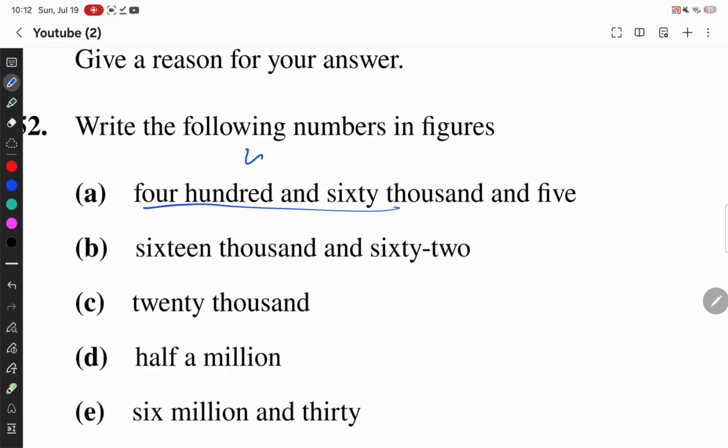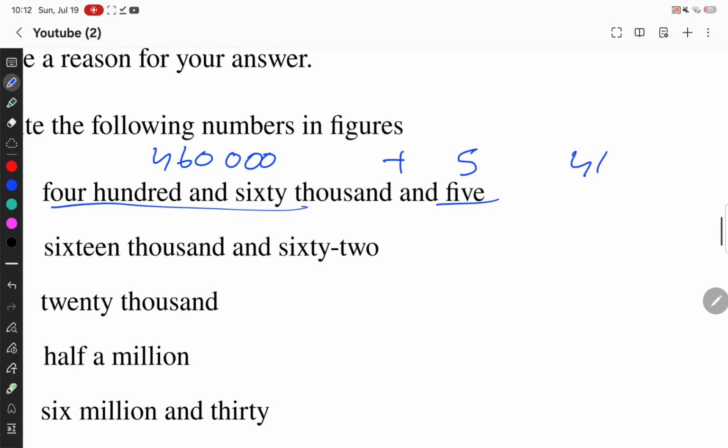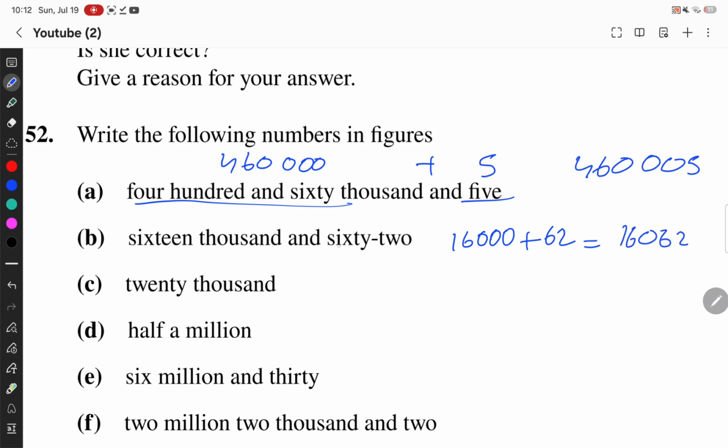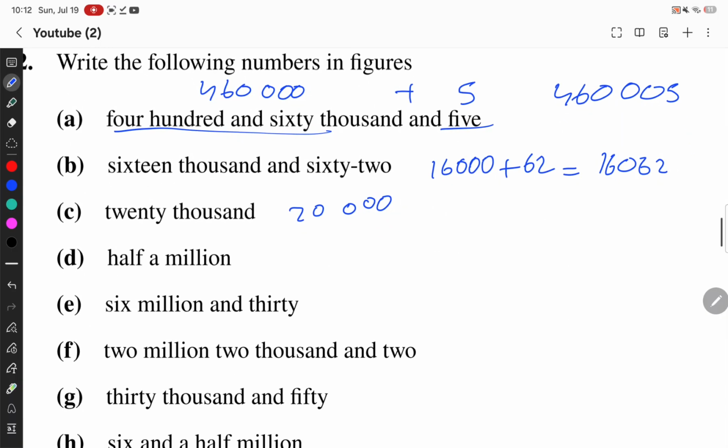460,000, 1005, 60,005. So we add them up, you get 4,605, and this 16,000 and 62, 1662, 20,000, half a million.